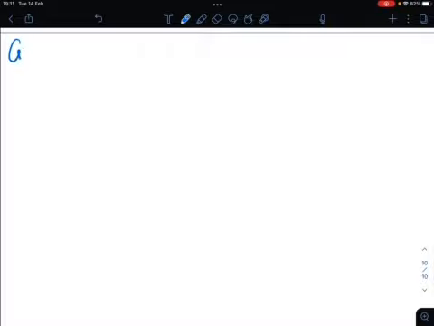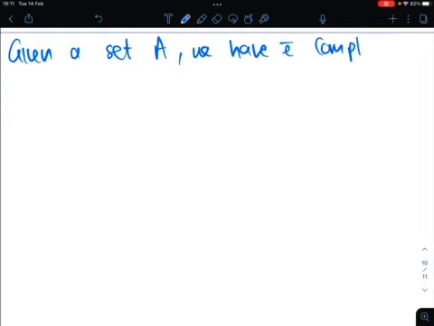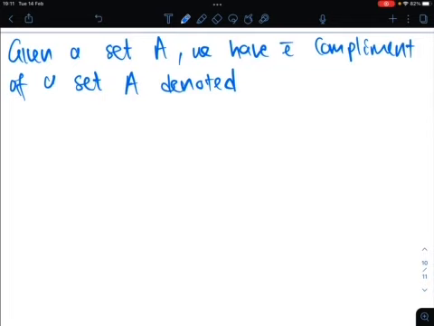Given a set A, we have the complement of a set A, which is denoted either as A prime or A small c, like that.